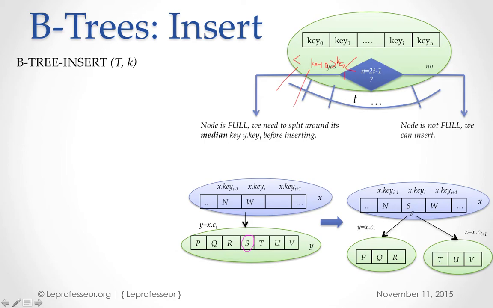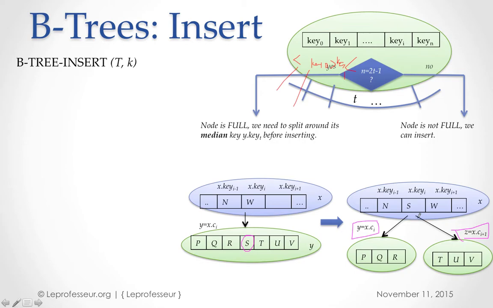The keys which are less than S stay in the original node y, which is the child x.c_i, and the keys which are greater than S go into the new child, and a pointer to that new child is added to the parent node.